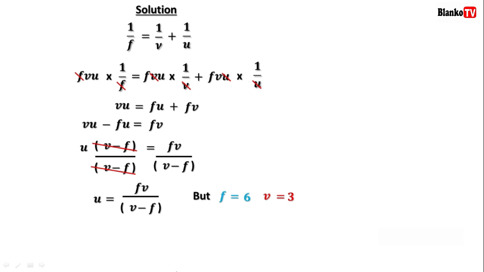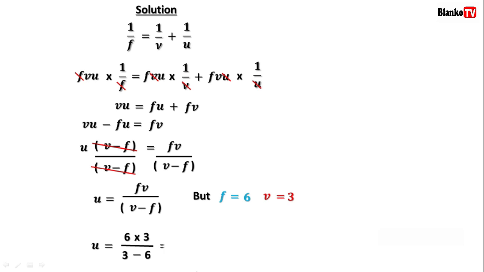So u equals f times v, which is 6 times 3, over v minus f, which is 3 minus 6.